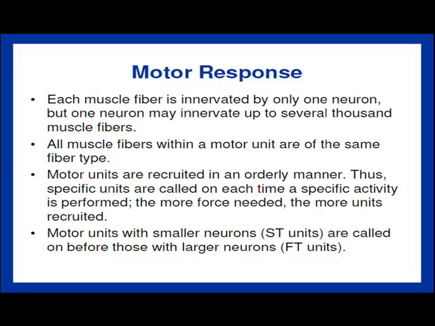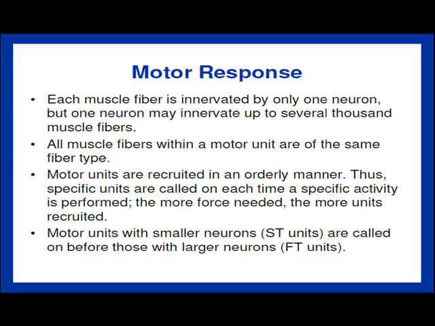They're all going to synapse onto muscle fibers. That's what that means. Each muscle fiber is innervated by only one neuron, but one neuron may innervate up to several thousand muscle fibers. All muscle fibers within a motor unit, that's a motor unit, are of the same fiber type.